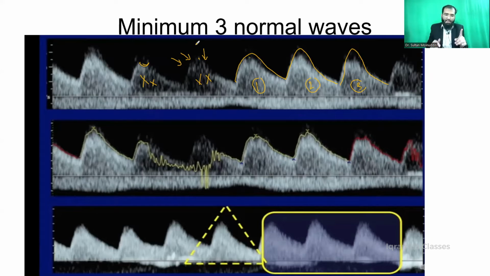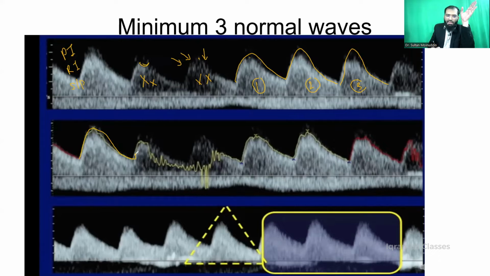Next, if you see your ultrasound machines, there are multiple ways to calculate parameters like PI, RI, S by D ratio, etc. One of these options is automatic measurement, use automatic trace. Suppose you take an automatic trace, it goes on like this.